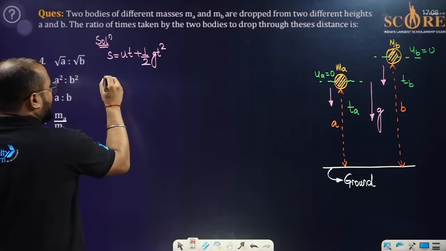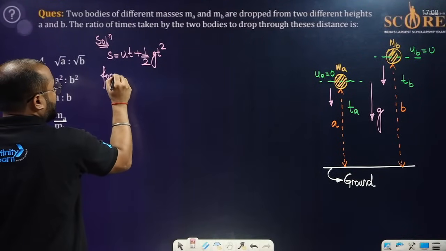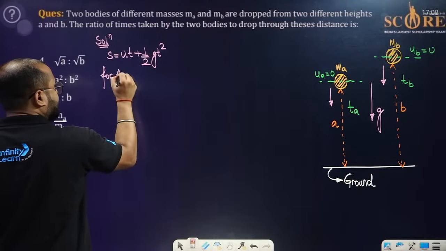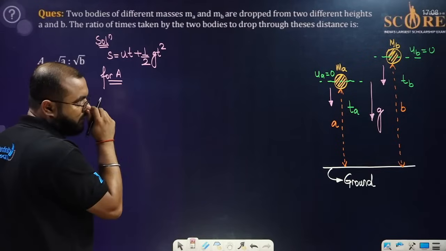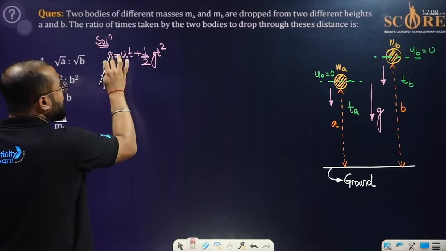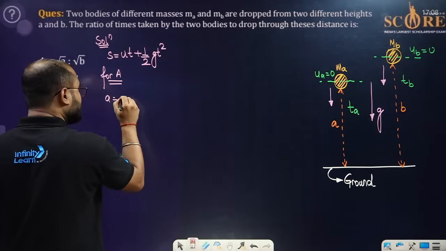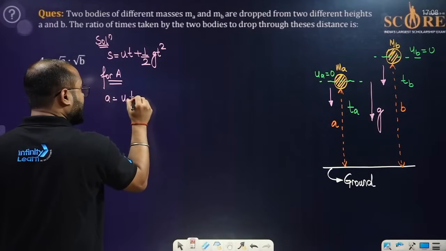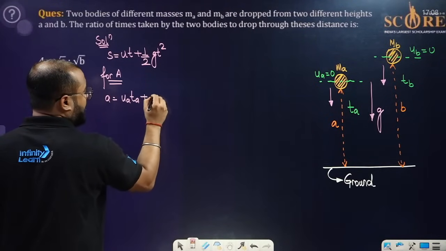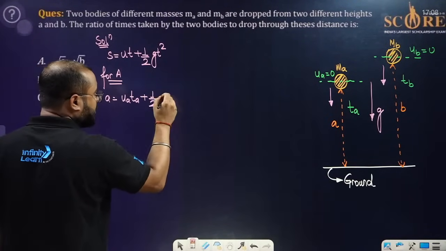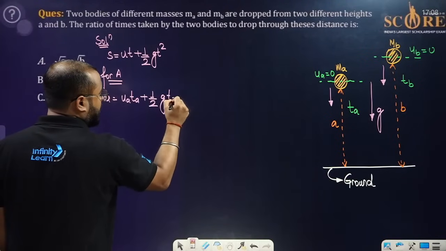If we talk about body A, in the place of S we can write A equals UT plus half G T square.